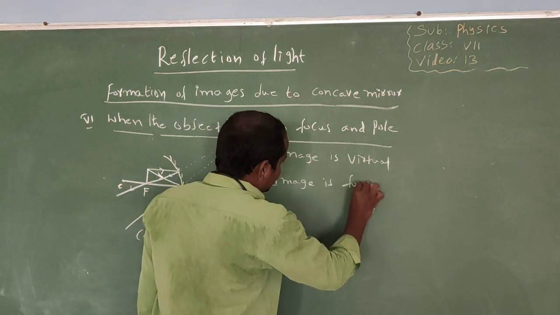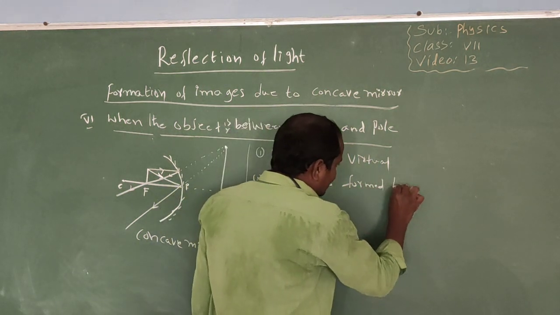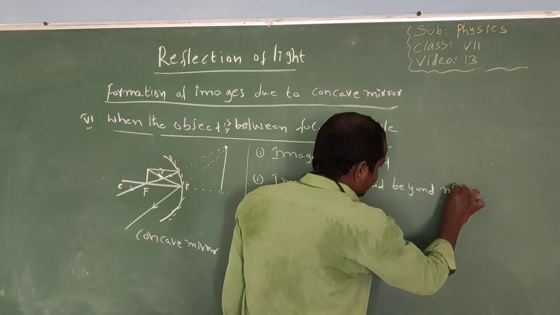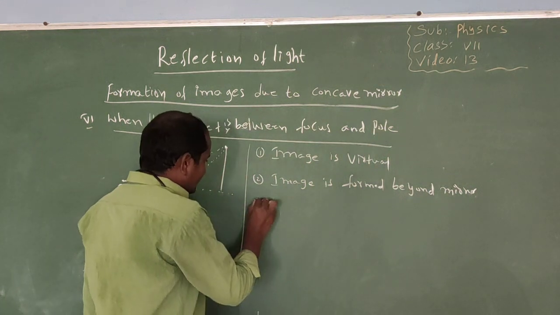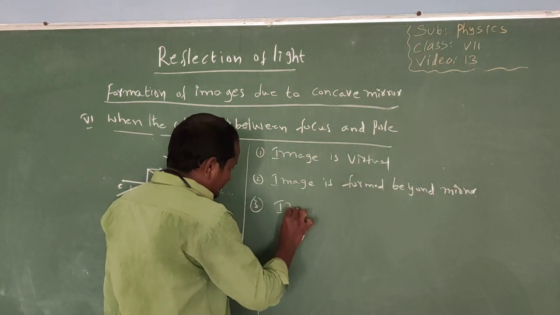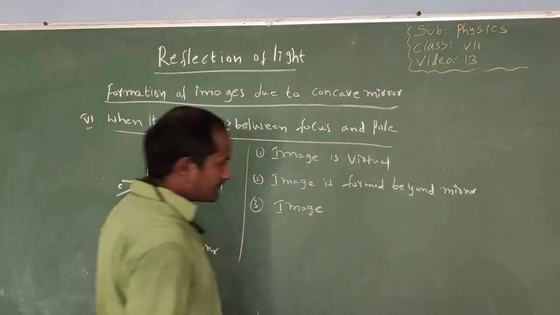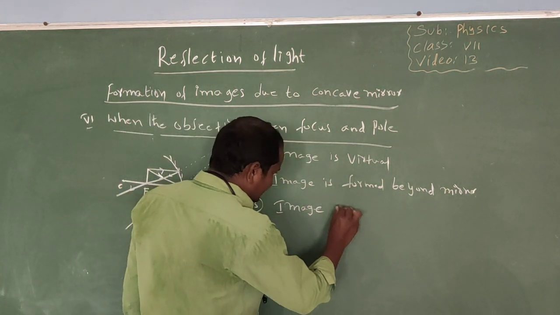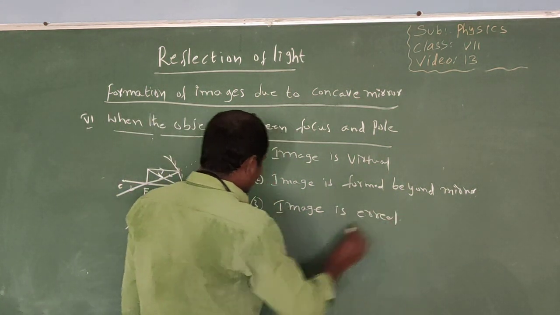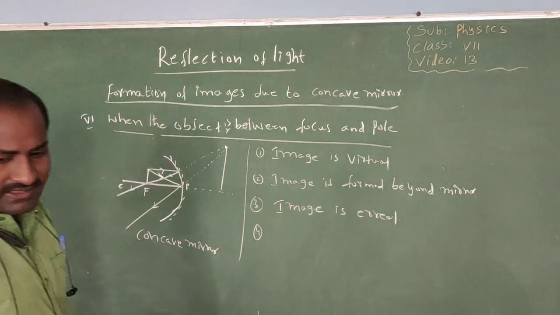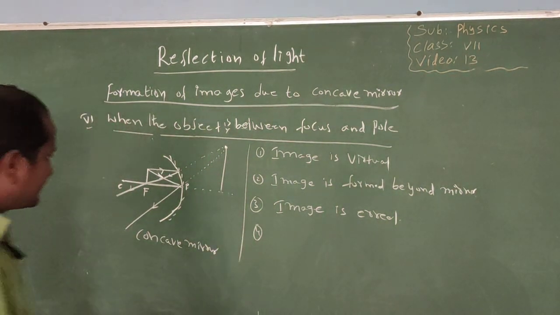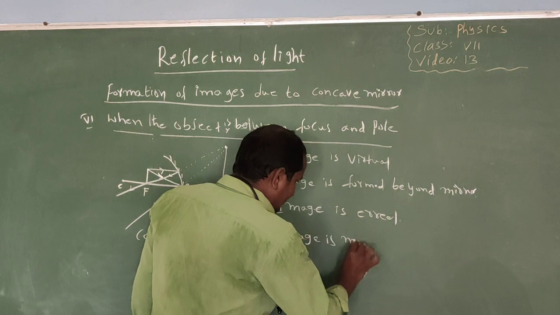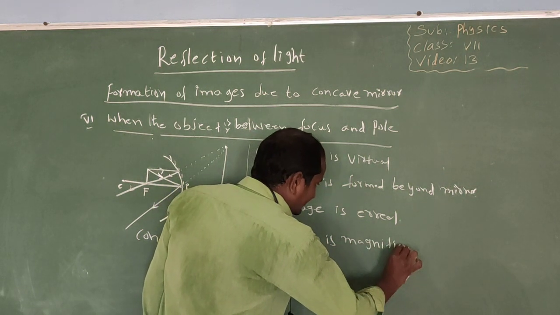The image is formed behind the concave mirror. The image is an erect image. And the fourth one is that the image is magnified.